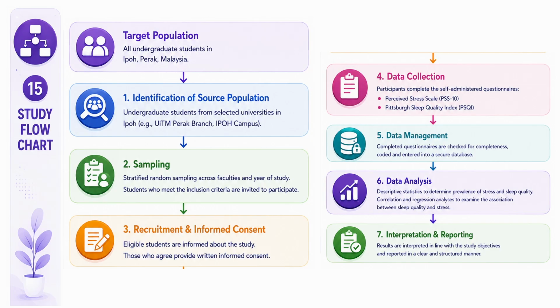Data management: data coding and data cleaning will be done before data analysis. The scoring criteria also will be checked before data analysis. Then interpretation and reporting of this study. This is a graphical representation of the study flow chart.